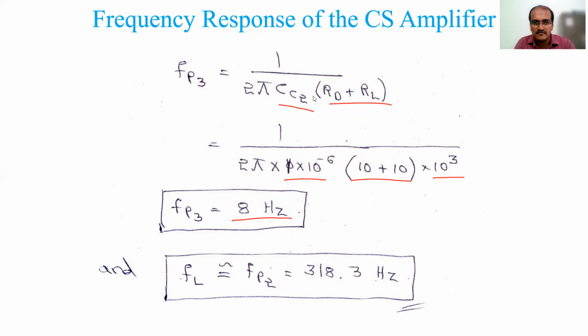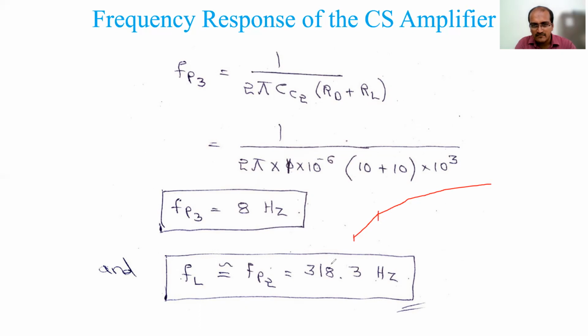The same capacitor we have used and you are getting different frequency values. See the change: 0.016, then 8 hertz, and then 318 hertz. So now your graph is satisfied. Whatever I explained about the graph, first increase, then increase, next increase. The lowest value is fE1, 0.016. Then fE3, which is 8 hertz.